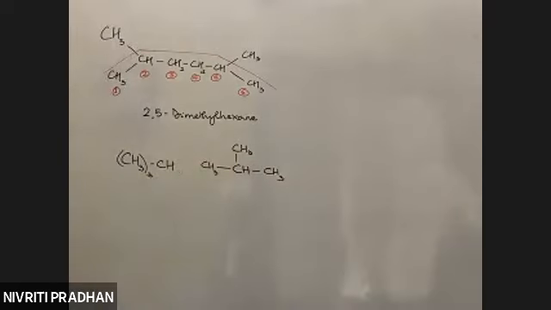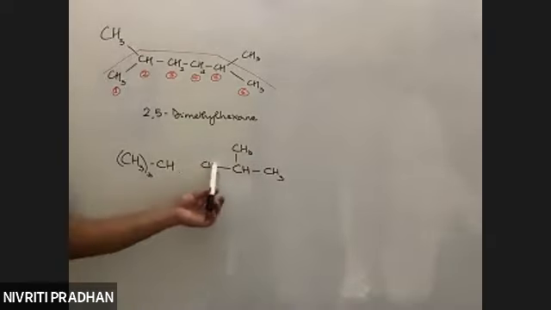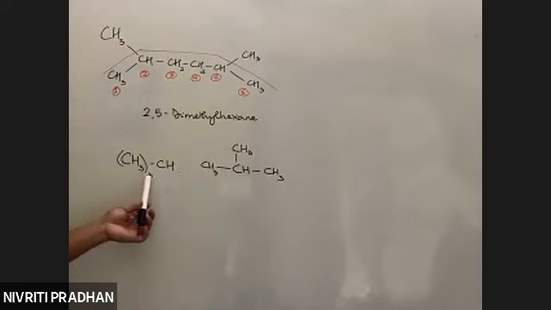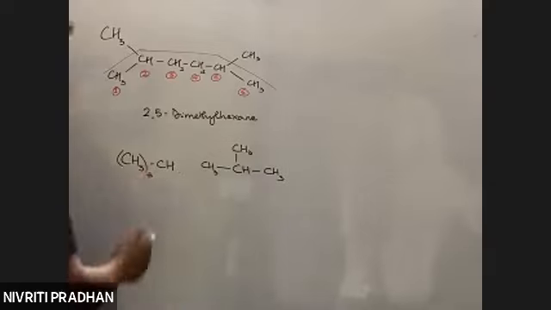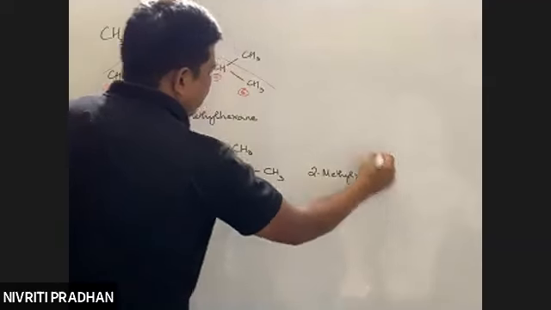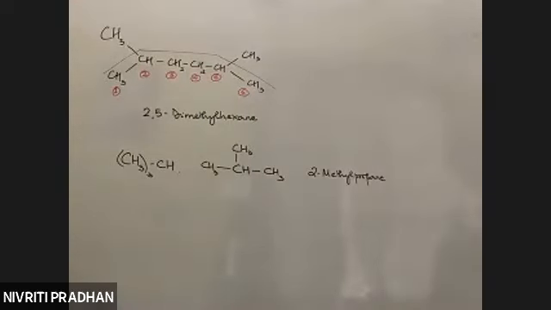So this can be written as CH(CH3)3, which means three methyl groups are attached to this carbon. Now name it. What will be the IUPAC name? Now it becomes easy. Yes, tell me. It will be 2-methylpropane.